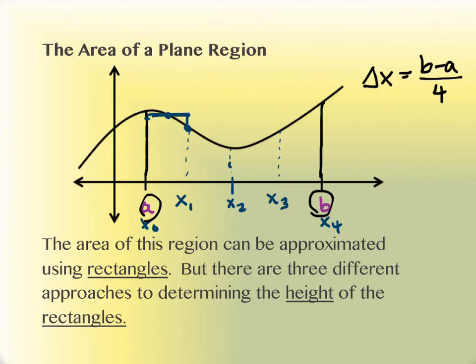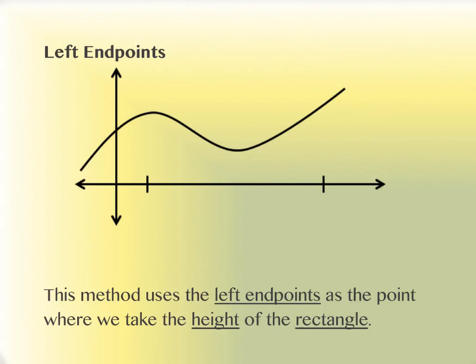Now, we're actually going to draw this same image, but more specifically using the 3 different types of rectangles. So here's the first one we're going to do. We're going to draw this image using left rectangles and talk about how we go about calculating the particular area that we're looking for. So here's my actual region from the first point to the last one, and I'm going to call them x0 to x4 because it'll be easier to write the notation in a moment.